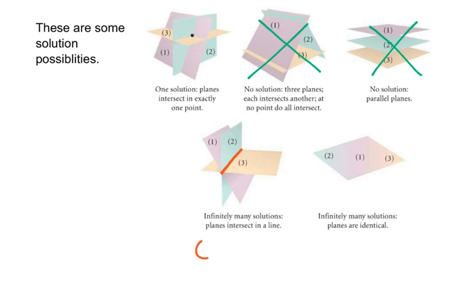So this would be some sort of situation where we have an x and a y, and then we have some z, which is a function of maybe x plus y. So you'd have an x y expression here for my third variable. And then we could also have infinitely many solutions where they are all the same plane.